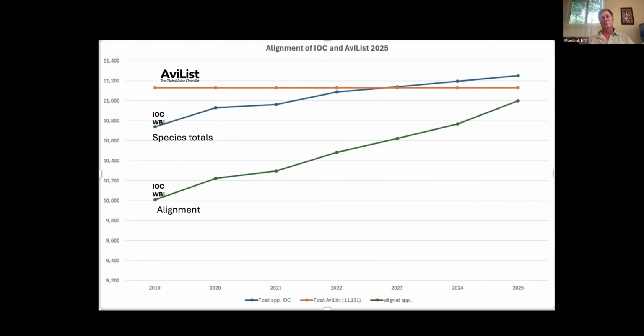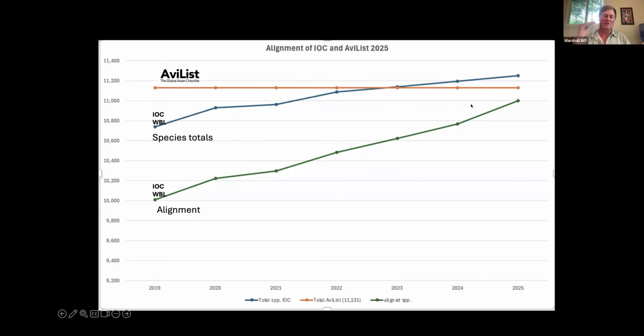So the real goal has been to have these checklists align. I pulled out some of the numbers. The blue line here is the species total on the checklist, and then the green line is the alignment. So these are taxa that are 100% the same between AviList and IOC. The orange line up here could be confusing. It sort of looks like AviList has had a constant taxonomy since 2019.